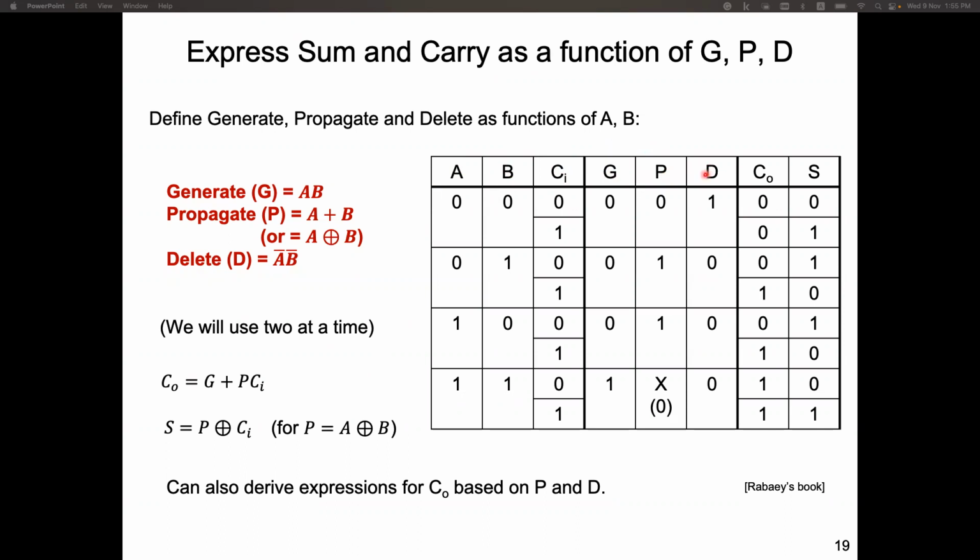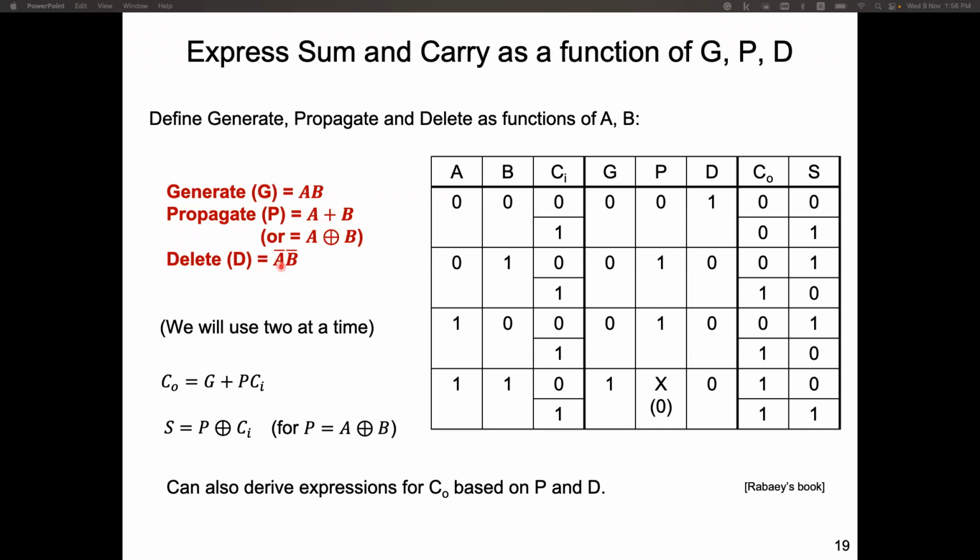So let's just consider G and P. G and P are only functions of A and B. They do not need to wait for carry input. So G and P can be obtained very soon for each stage. They are not functions of Ci.